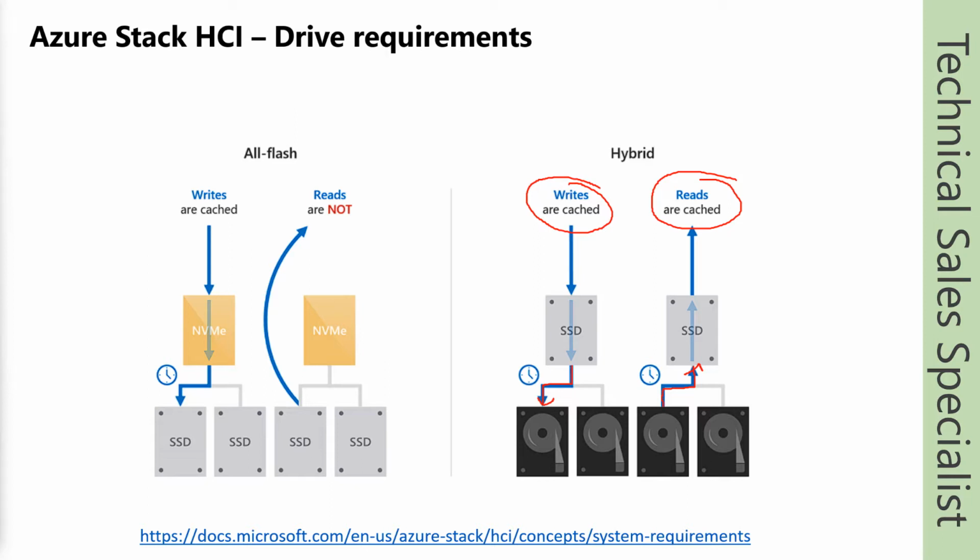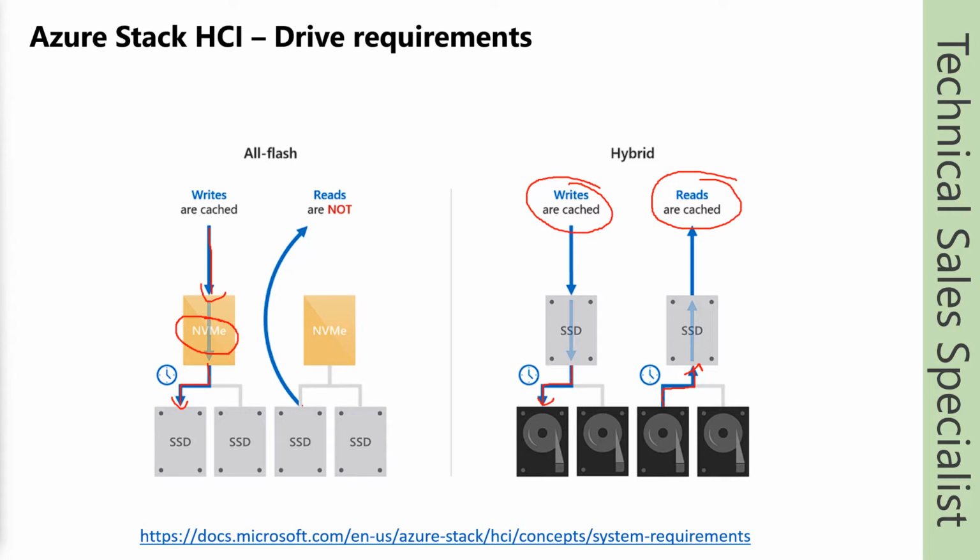This algorithm also recognizes if we have a flash-only scenario with cache, because in the flash-only scenario with cache, we have the advantage that we can consume the drive writes per day from the NVMe to reduce the load on the SSDs.